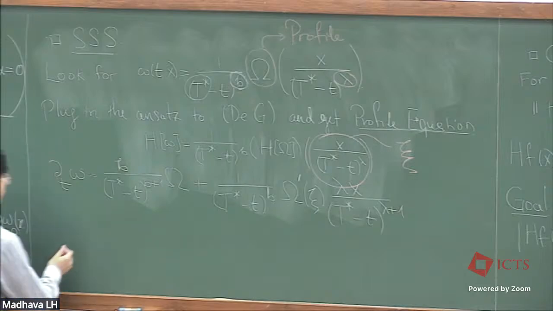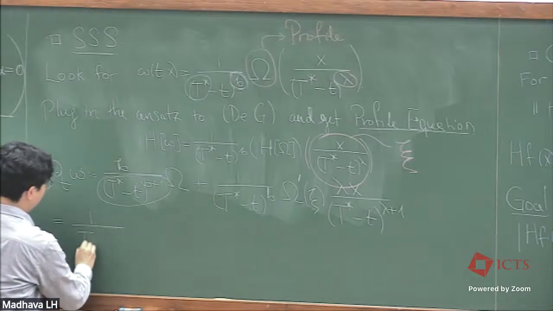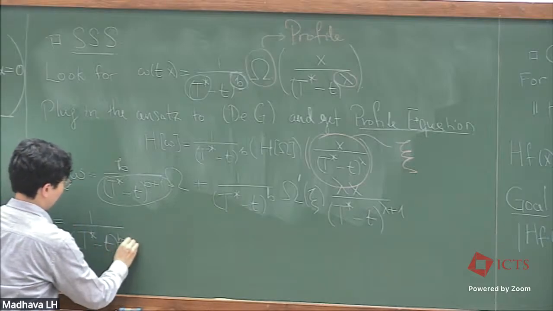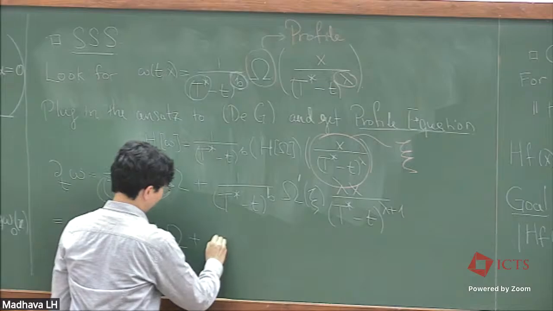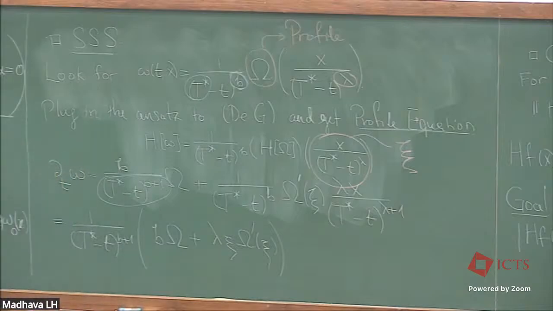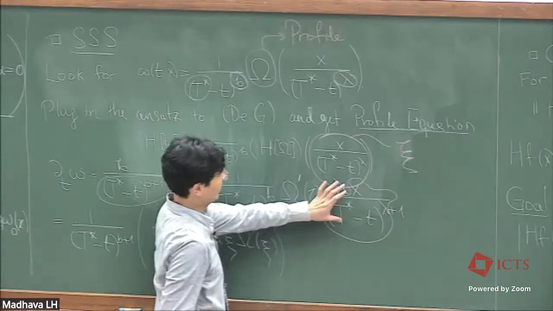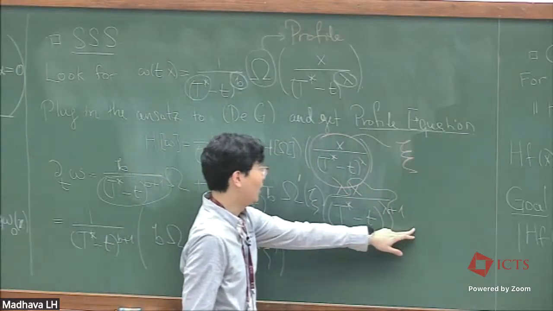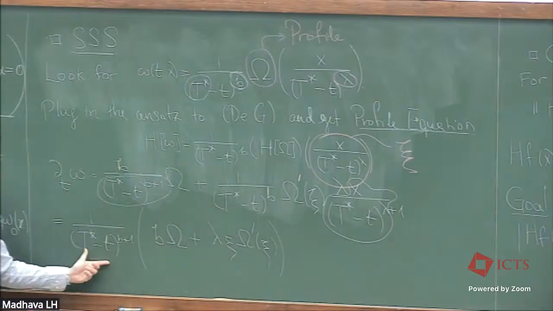And this, you realize that we can factor out this power, basically. Okay? If we do that, we get exactly b omega plus lambda c omega prime of c. Because this is exactly c and another power of 1 over (t star minus t), which combines with this, and then we pull that out. So it's exactly that.